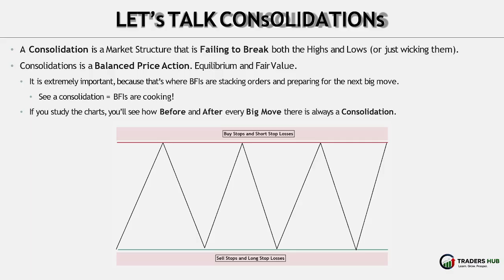If you study the charts, you'll see how before and after every big move, there is always consolidation. So, an example of consolidation. Price is forming equal highs and equal lows, failing to break the resistance area and the support area, meaning that the price has found equilibrium in this zone.